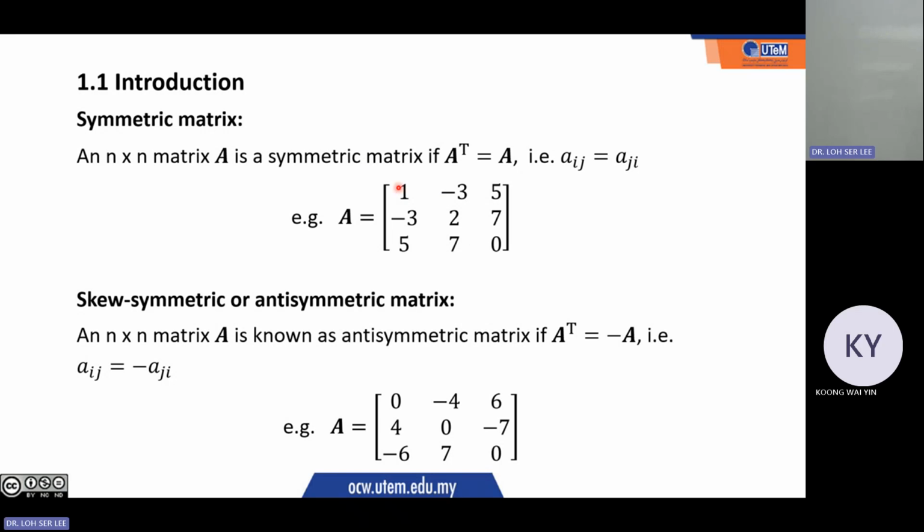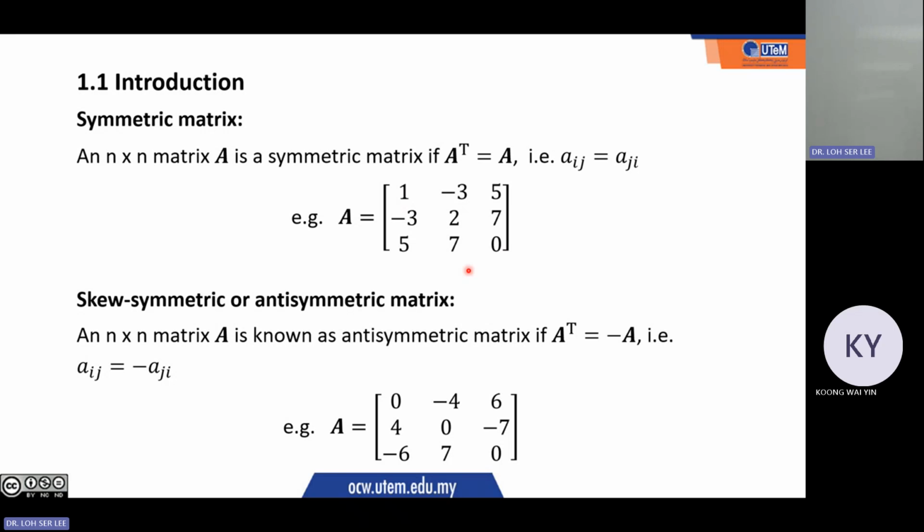This is called the diagonal, the diagonal entries. You see this one will be the same as this, this is the same as this, and this one is the same as this. So this is a symmetric matrix if A transpose equals A.